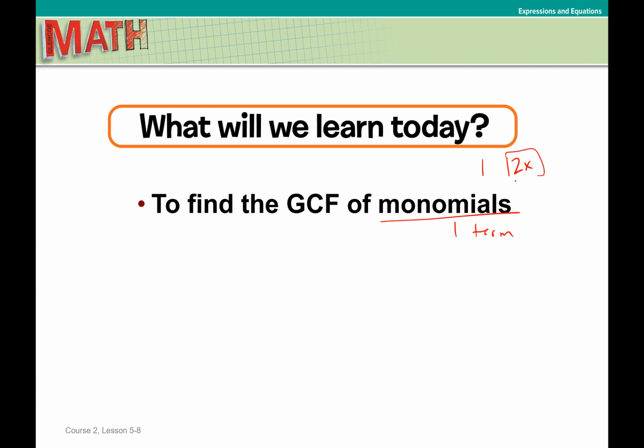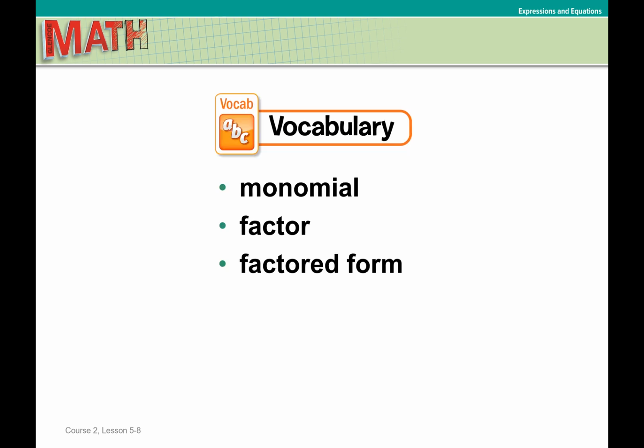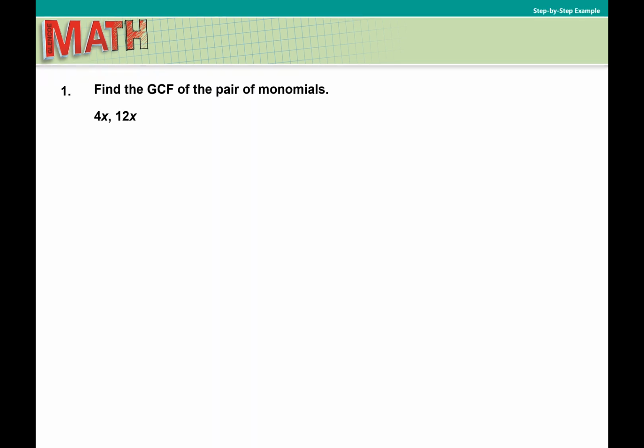So this is considered a term, that's considered a term. A monomial is just another word for one term. So we're going to talk about finding the greatest common factor of monomials, and then how to factor linear expressions.